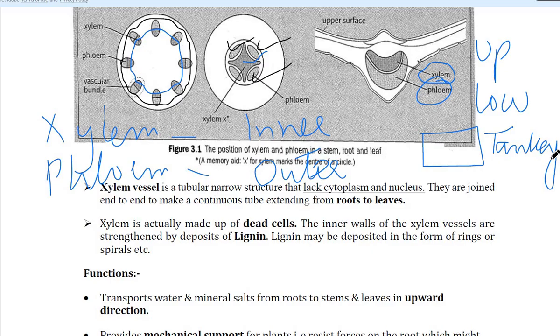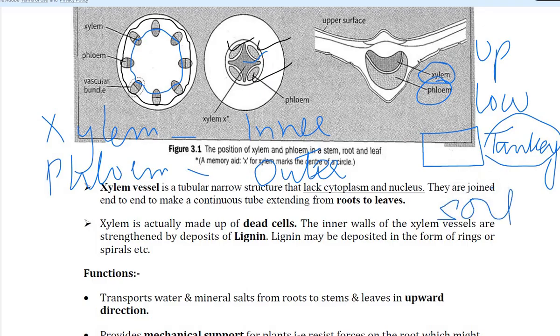And from that tank there is a pipeline that spreads throughout the whole house, in the kitchen, in the garage, in toilets, and in other parts also. The pipeline transports the water. Similarly, in case of plants, the tank or the storage for water is soil.